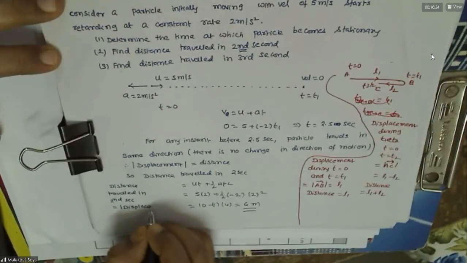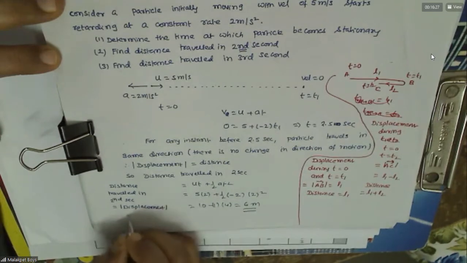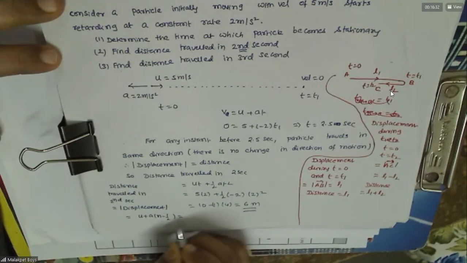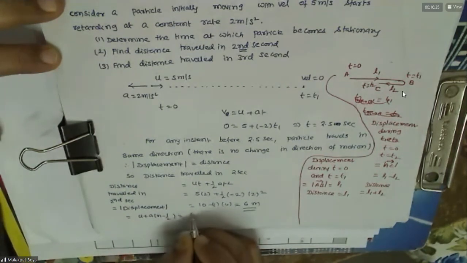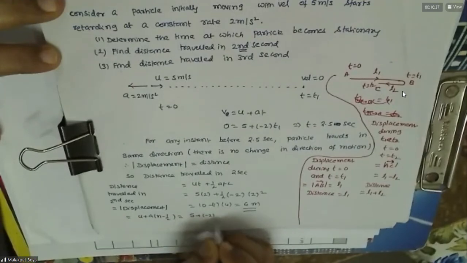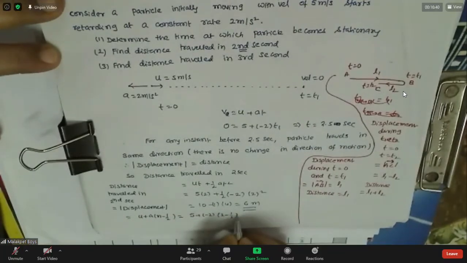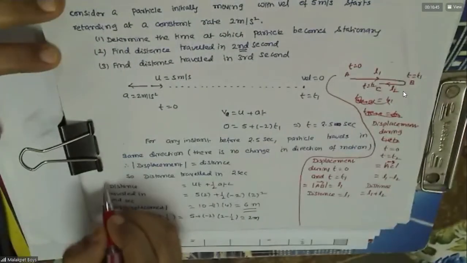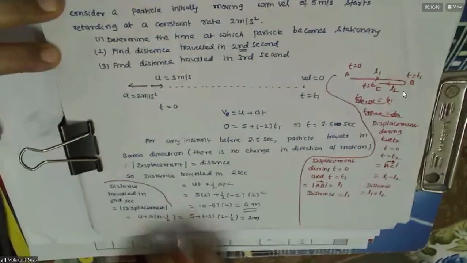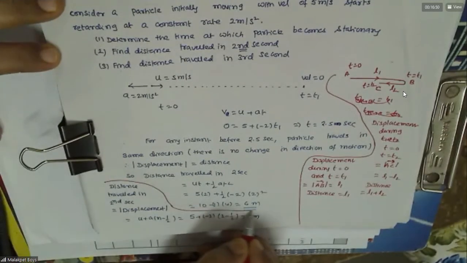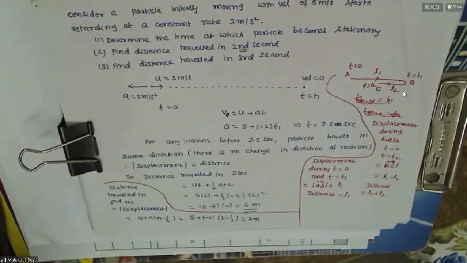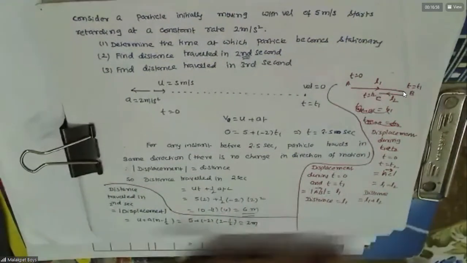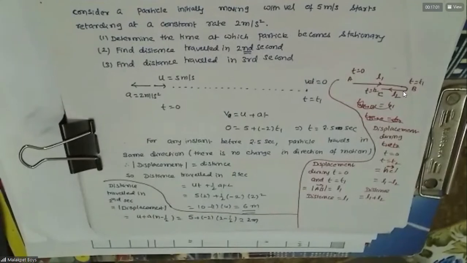U plus A into N minus half, no? U is how much? 5. How much does it come to? Any doubt till here? No doubt, sir.